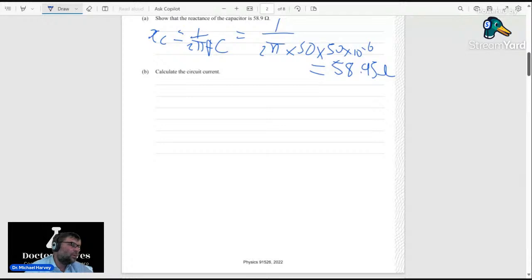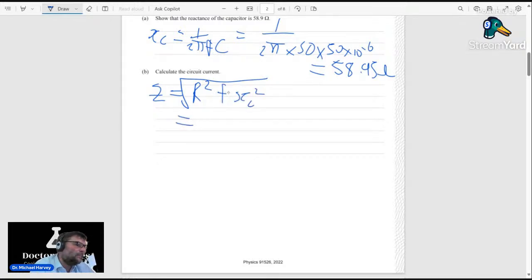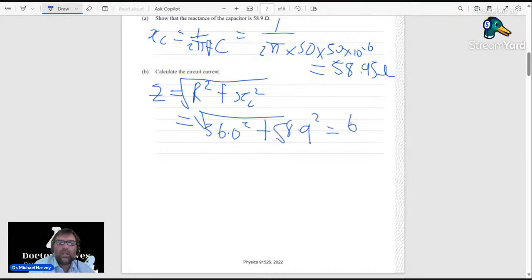So you're going to be using Z equals the square root of R squared plus XC squared. If you plug in the numbers, you get the square root of 36.0 squared plus 58.9 squared, which is 69.1 ohms.